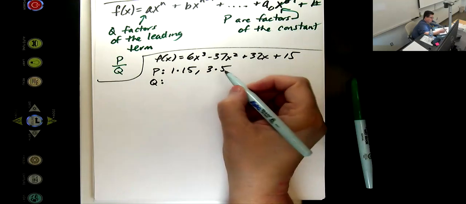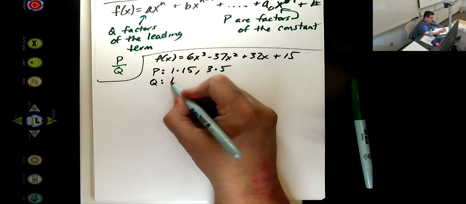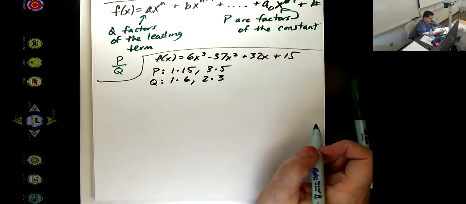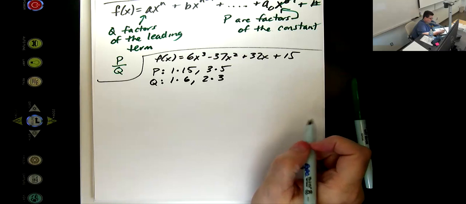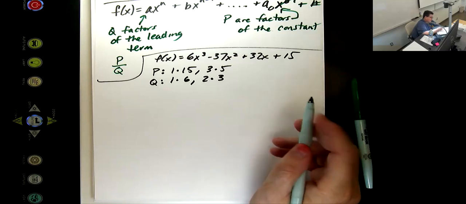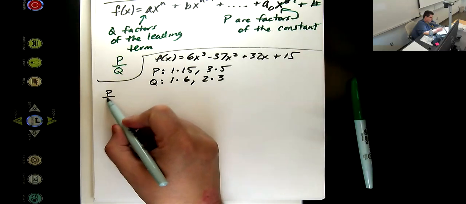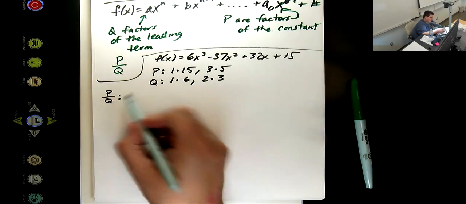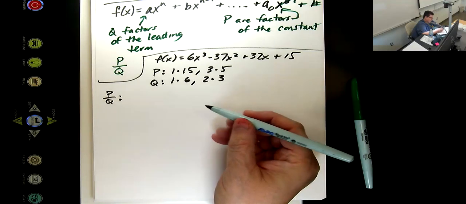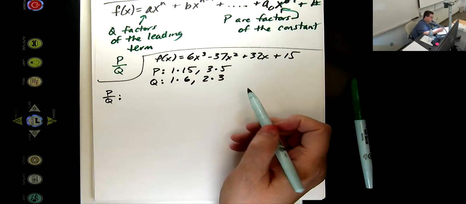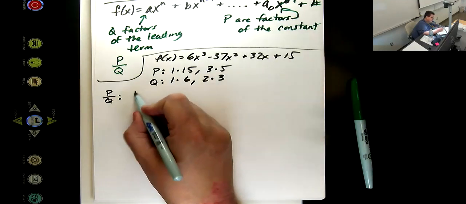Q comes from factors of the first one. We can have 1 times 6 or 2 times 3. So we're gonna put these together and make a list. Just pick one letter from P and do it over all the other numbers in Q. So we could have 1/6.